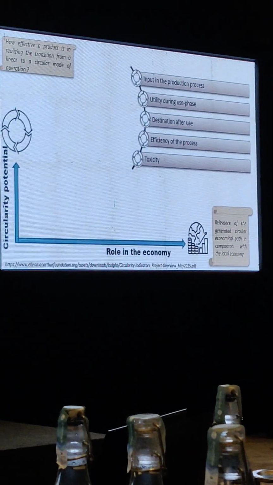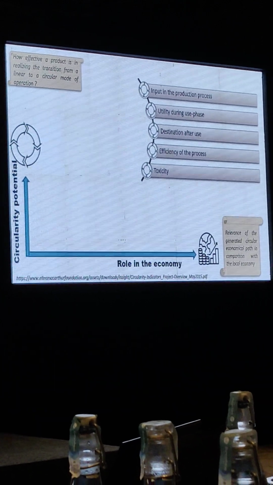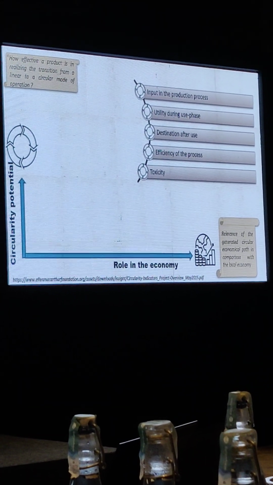I try to rate all the different standalone scenarios in a 2D chart. On the x-axis, the rolling economy, which is the economy generated by the activated standalone scenario in comparison with the local economy. And on the y-axis, a composite parameter, the circular potential. The circular potential is composed of 5 different steps. One of them is rating the toxicity of the product that you deliver, and how efficient the process is.